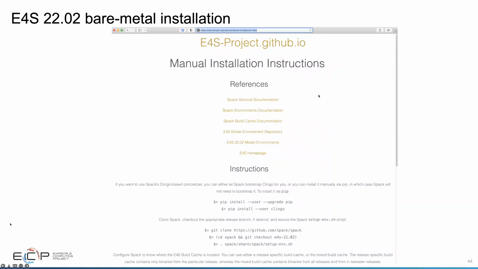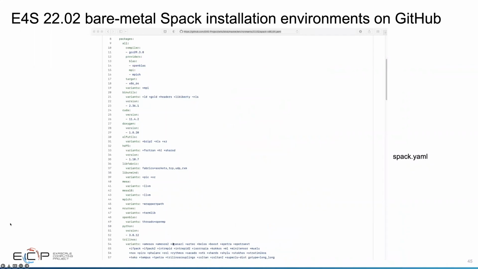Here, we see the instructions for installing Spack and installing the E4S distribution based on Spack on bare metal platforms. Whether you're on IBM or x86, you can use these, and you can just cherry pick the packages that you want.